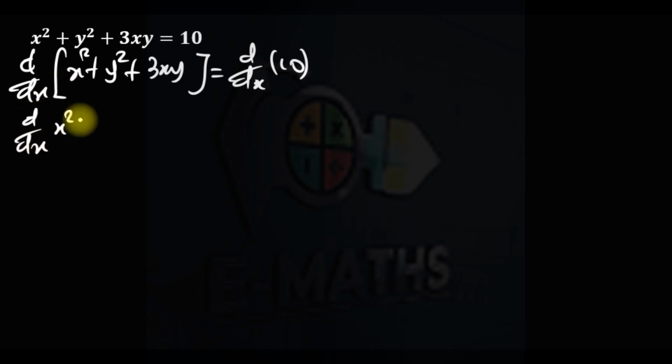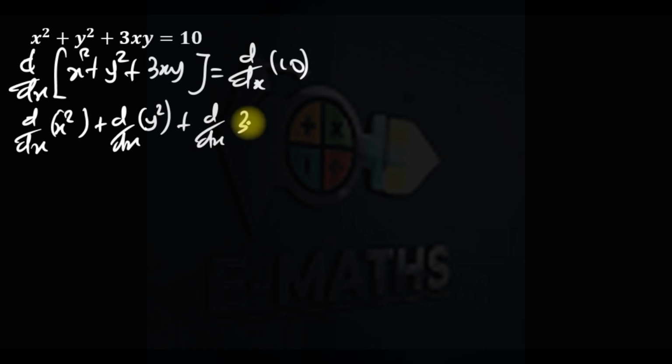Again, we start with what we did before. We introduce d over dx to both sides, equal to d over dx of 10. Splitting this as d over dx of x squared plus d over dx of y squared plus d over dx of 3xy equal to, we know it's 0.